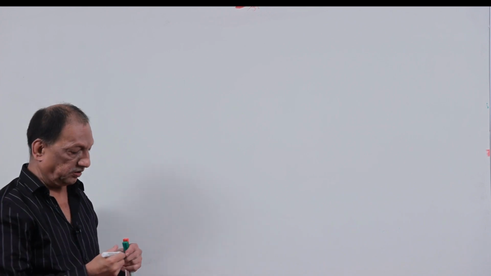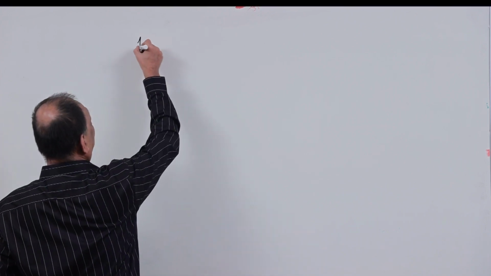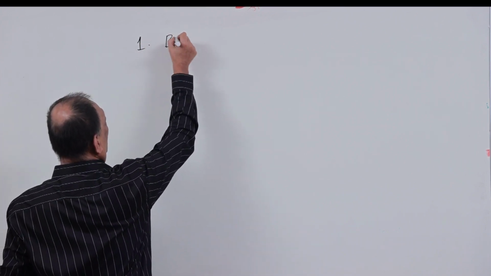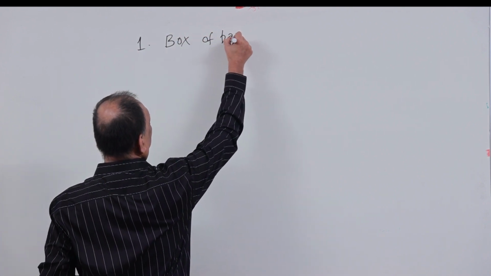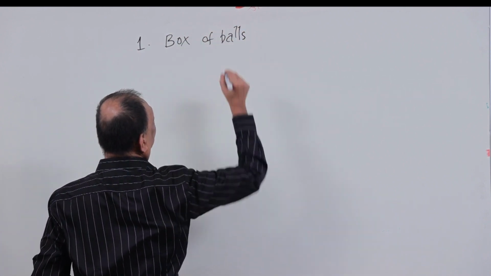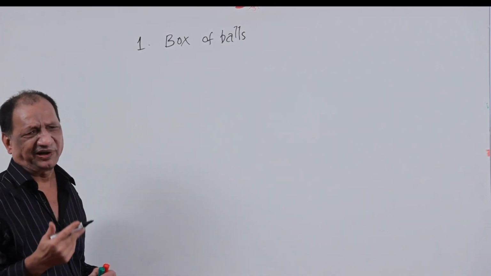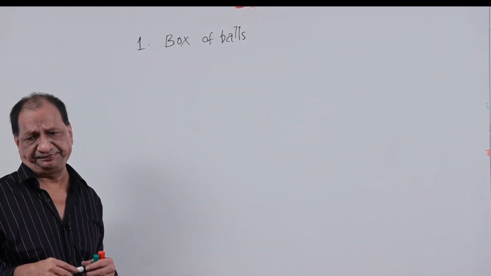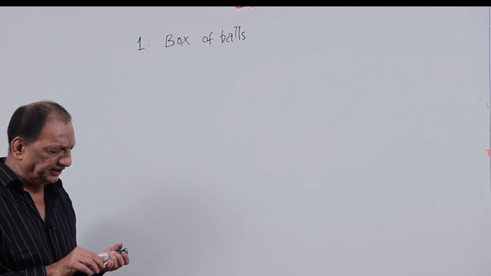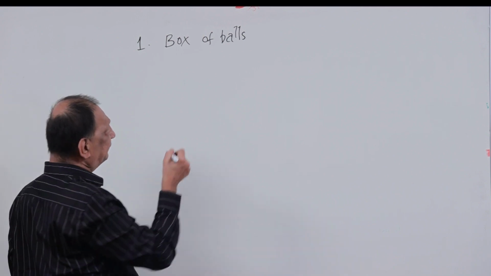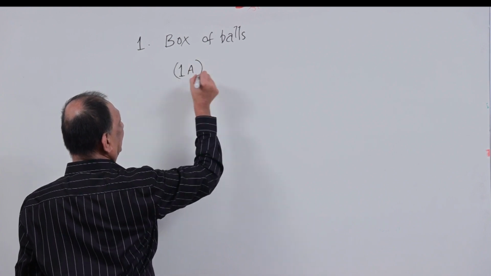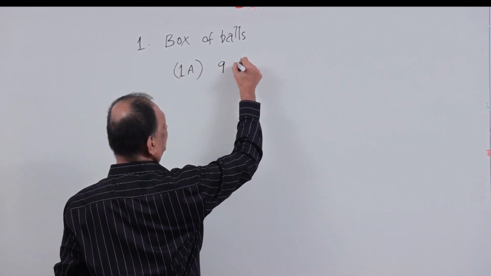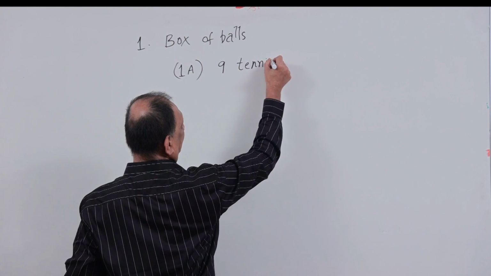Now, the first puzzle is on a box of balls. Tennis balls or whatever. You bought a box of balls, right? Now, when you buy one box, for example, 1A is I got 9 tennis balls.